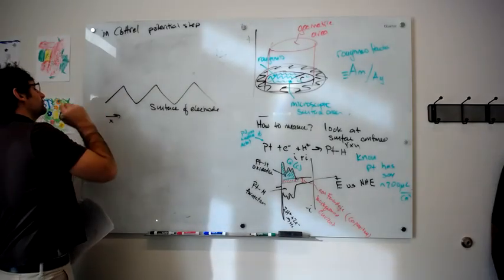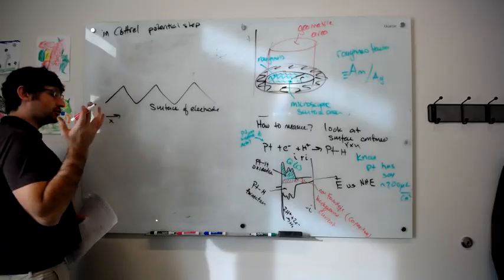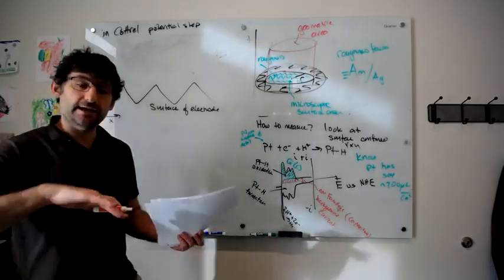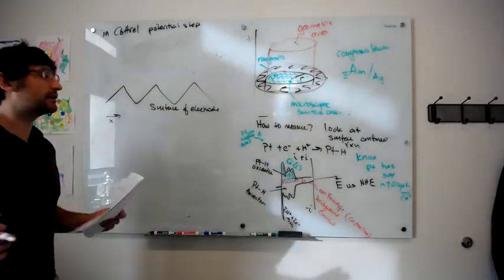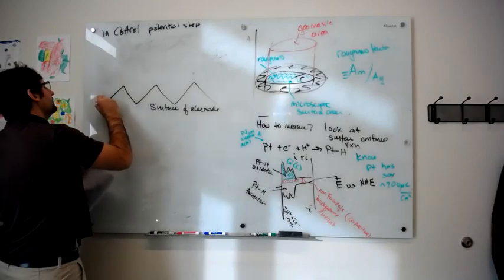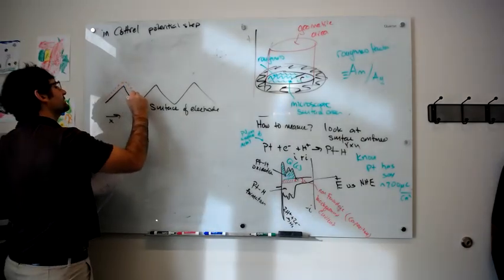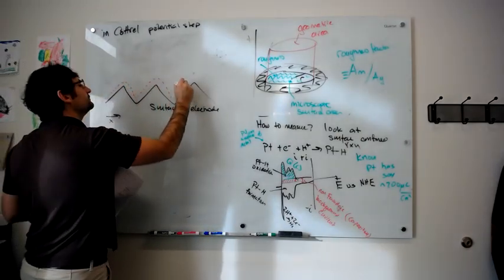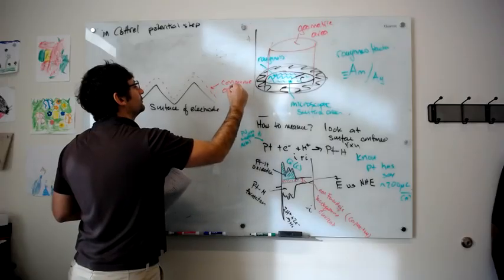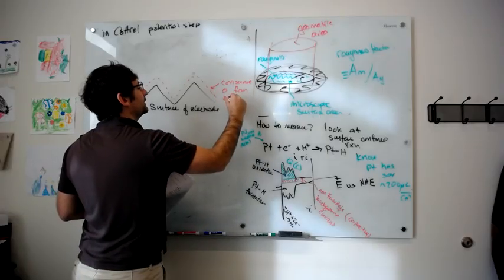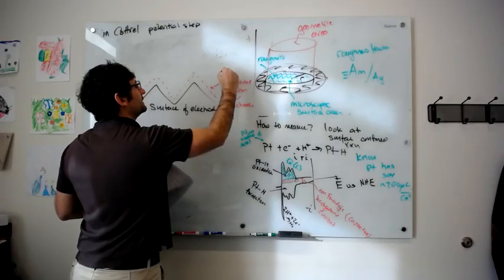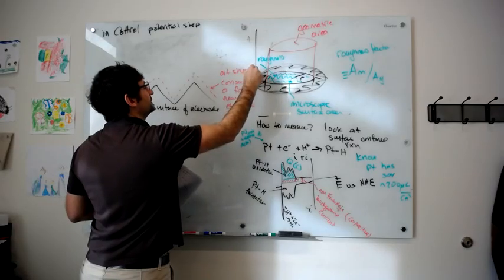So I could write contours in concentration as lines, much like you would on a topography map. Originally, at short times, I'm going to consume O from near the electrode at short t.